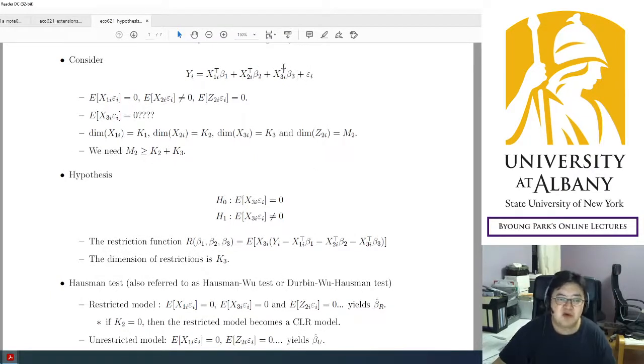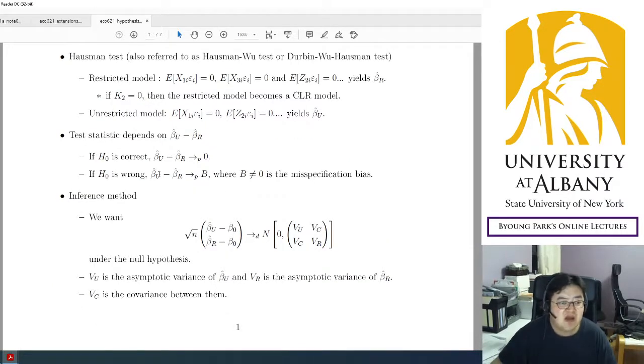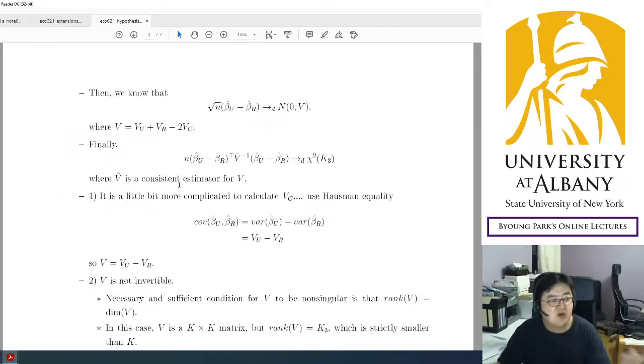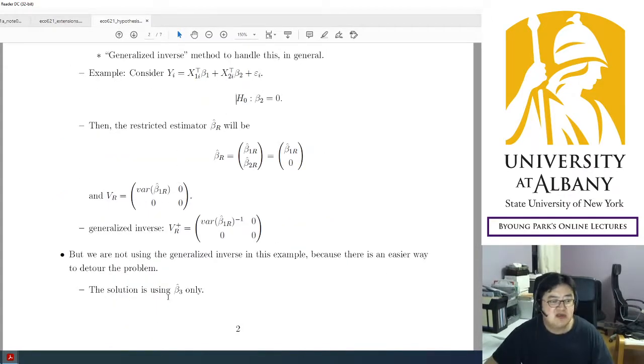So in our case, you do not need to compare. Here I'm comparing the unrestricted estimator and the restricted estimator, including beta 1, beta 2, and beta 3. But what I'm suggesting here is using beta 3 only. Compare beta 3 restricted and beta 3 unrestricted.